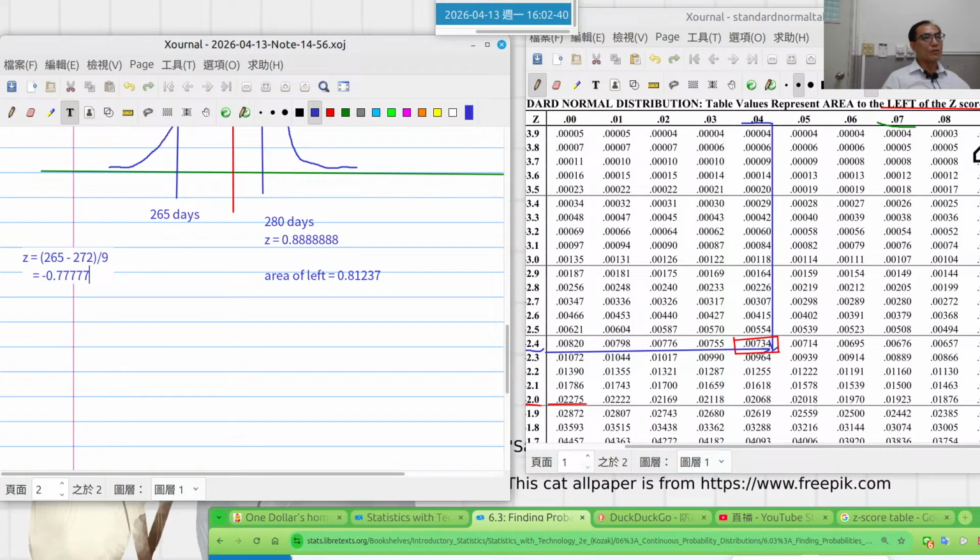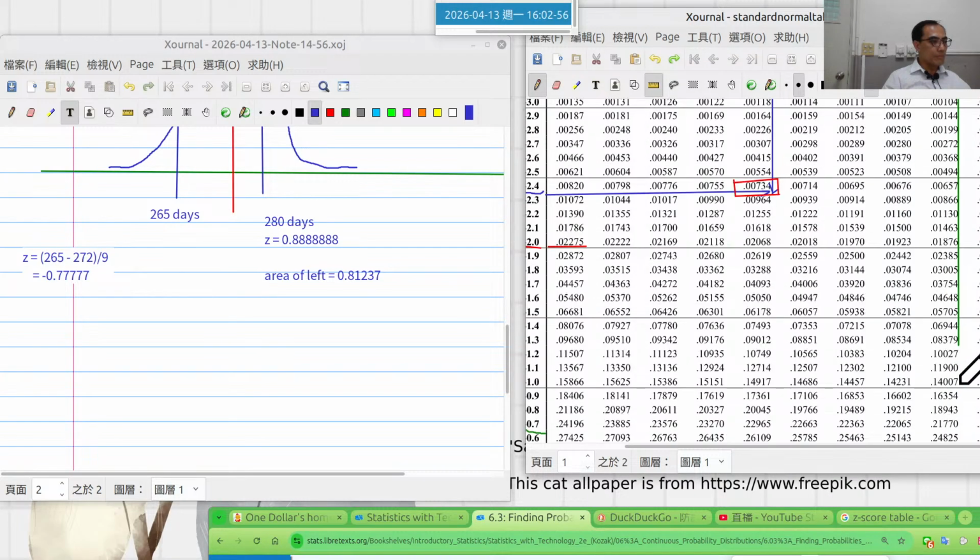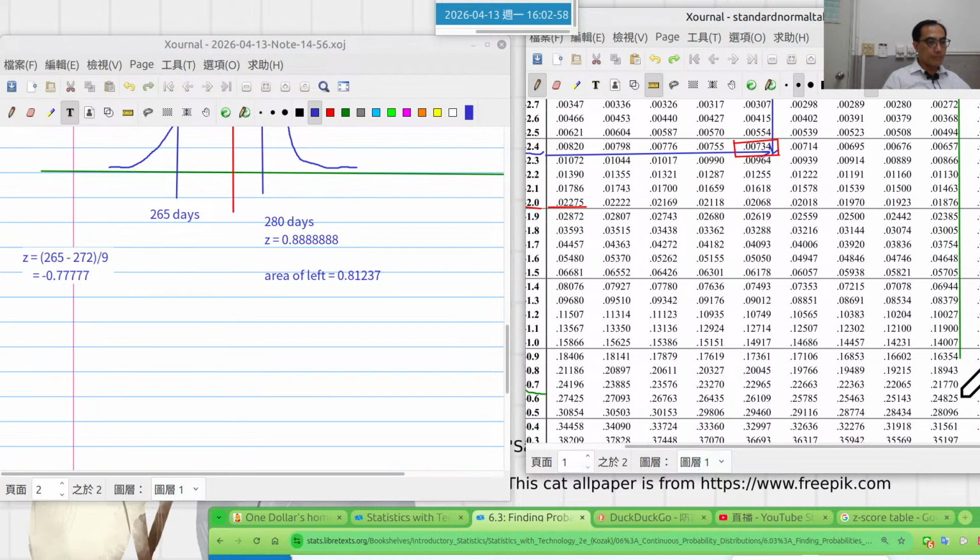So we can move to the 0.8. Oh, sorry. 0.7, 0.8. Thus, we got the area.